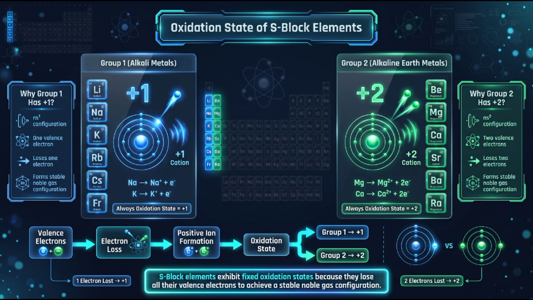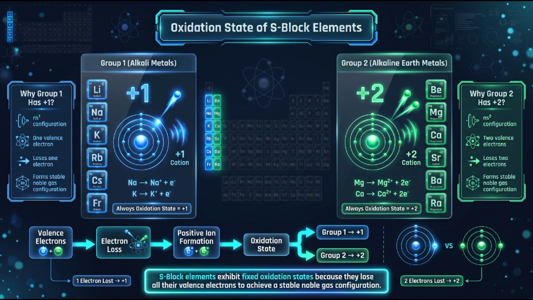The reason this oxidation state remains fixed is that losing 1 electron allows these atoms to achieve the stable electronic configuration of the nearest noble gas. For example, sodium has the electronic configuration 2,8,1. After losing 1 electron, it becomes 2,8.